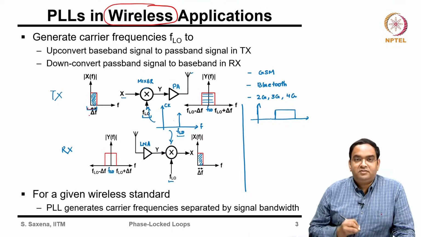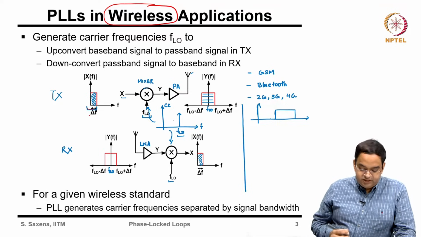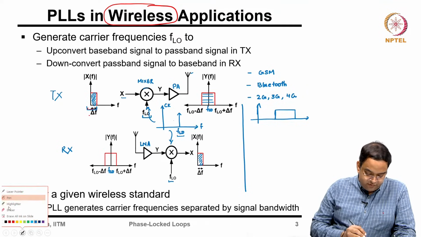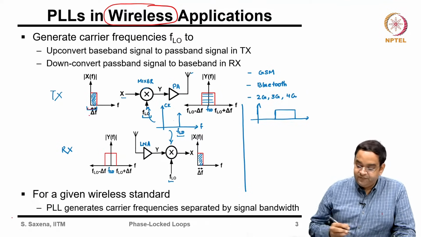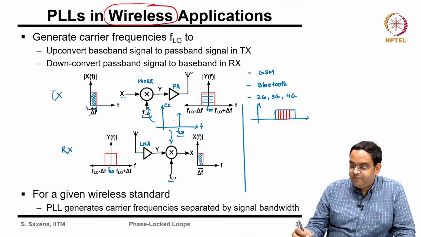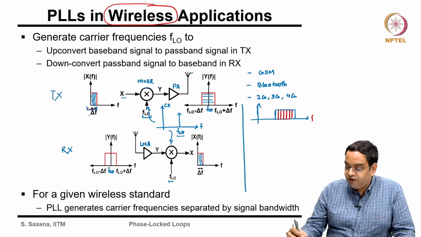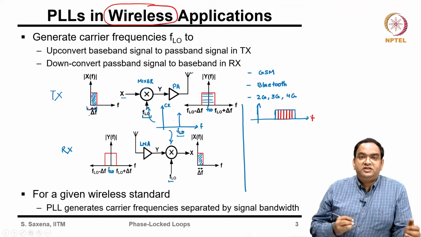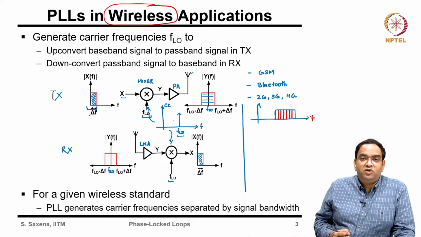Within this band which is allocated for GSM, you will have many sub bands. When I say sub bands, you will have many such bands like this. Okay. This is in frequency. This is a spectrum which is allocated for a particular wireless standard.